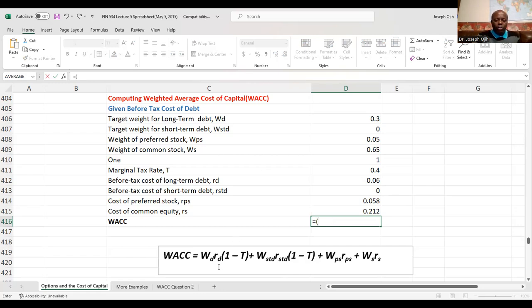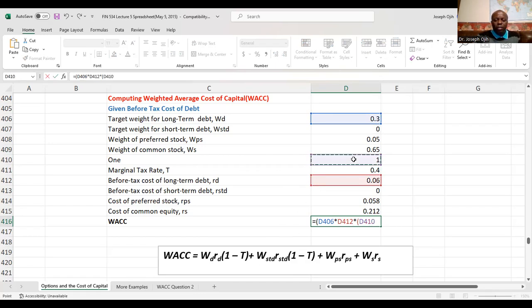So the first thing I'm going to put is the target weight for the long-term debt, which is 30%. I click on it, times the cost of long-term debt, which is RD. You can see right here, RD, 6%, times, okay, put 1 minus the tax rate.